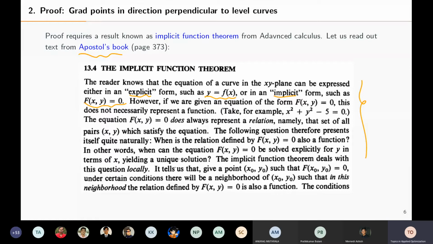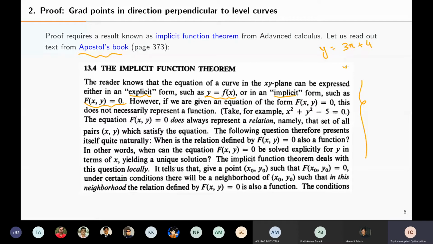Right. So to give you an example, let us say y equals 3x plus 4. So this is an explicit representation of the function, right? So I explicitly write y as 3x plus 4. Okay, so that's an explicit representation of the function.